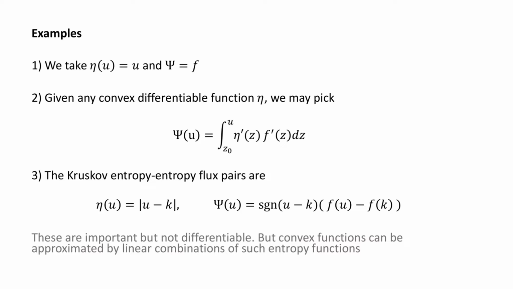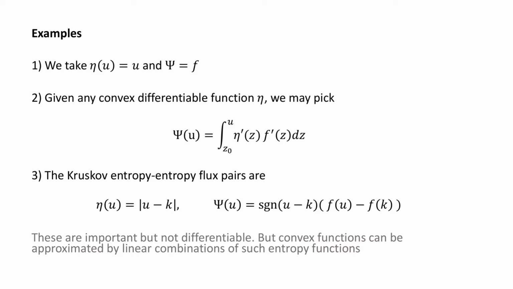Given any convex differentiable function eta, which shall be our entropy function, we can construct an entropy flux psi of u as follows. Namely, we define psi of u equal the integral from z naught up to u of eta prime z times f prime z dz. Here, z naught is any arbitrary choice of left integral boundary.